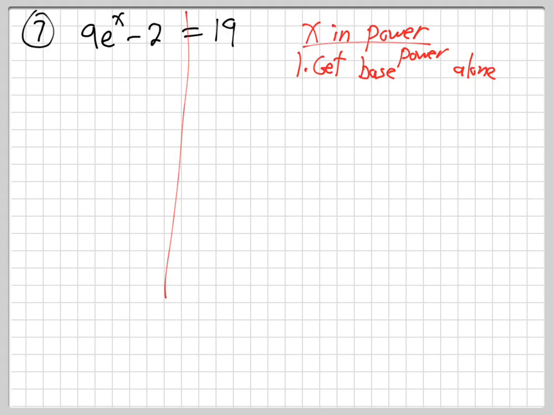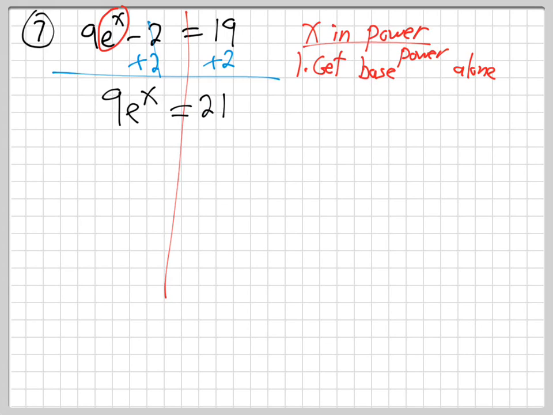So first step, that would be actually just this, huh? Have to get that alone. So to get that alone, our first step is to add 2 to both sides. And so we get 9e to the x is 21.